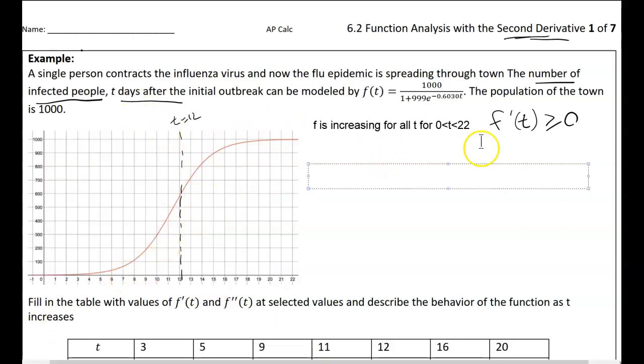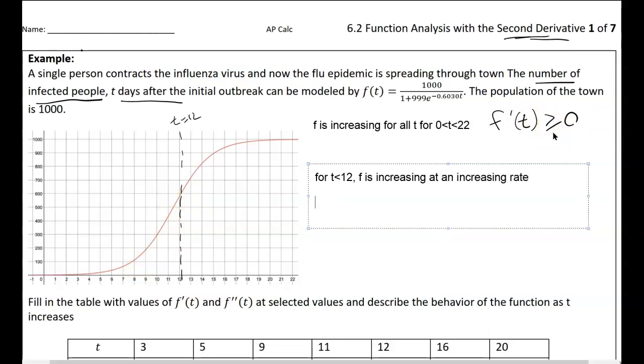So f is increasing for all t, but for t less than 12, f is increasing quickly. And in fact, it's increasing faster and faster the bigger t gets. So I'm going to say it's increasing at an increasing rate. Leave yourself a little bit of space because we're going to elaborate on this later.